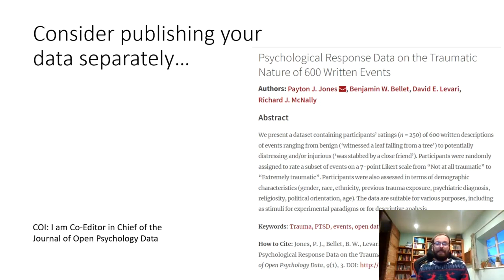You can write a paper describing how you collected the data and what it might be useful for, and that in and of itself might be a useful research outcome. Obviously, I'm not going to do it for this project, because of the conflict of interest. But it's something you should really consider.